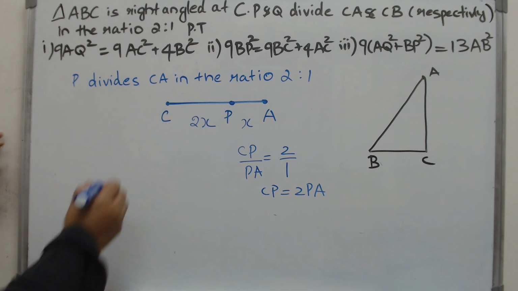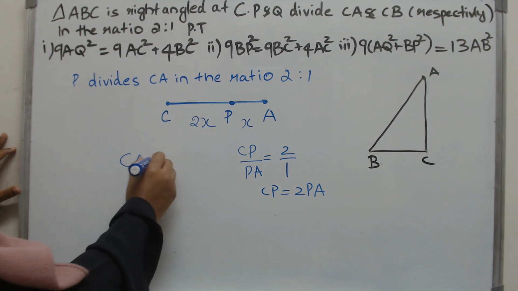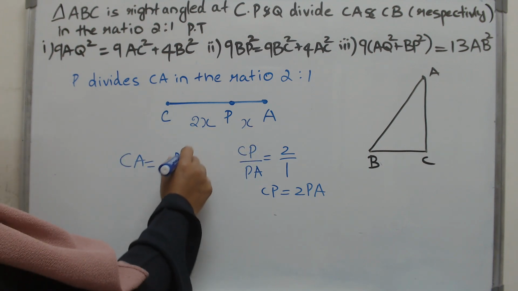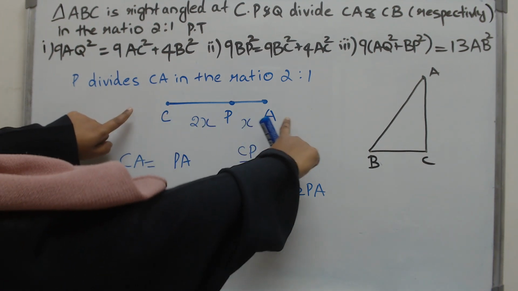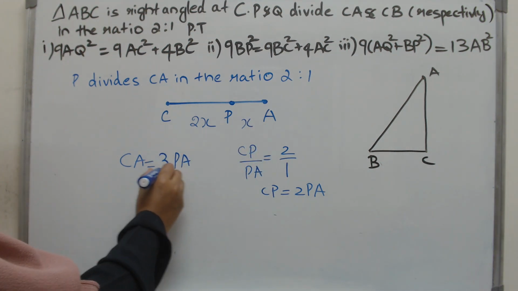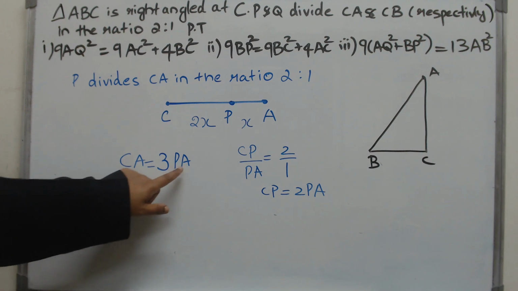And if you want to express the whole of CA in terms of just PA, what will that be? CA will be 3 times PA.